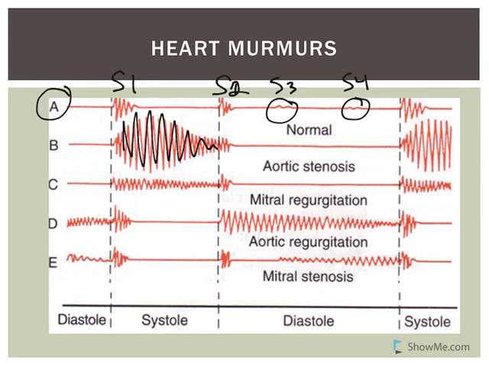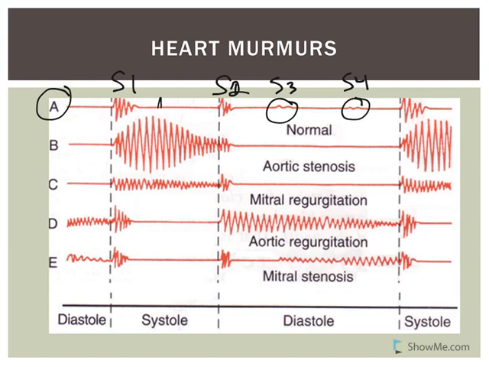The amplitude tells you how loud it is, and going left to right tells you the duration of that sound. What you'll notice is aortic stenosis and mitral regurgitation, you're seeing something during systole. Those are systolic murmurs. Well, aortic regurgitation and mitral stenosis are diastolic murmurs.